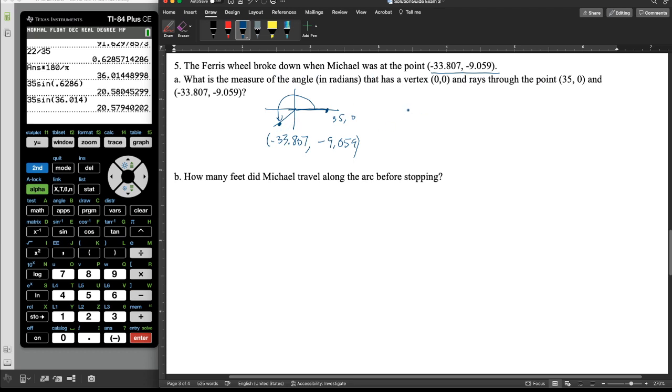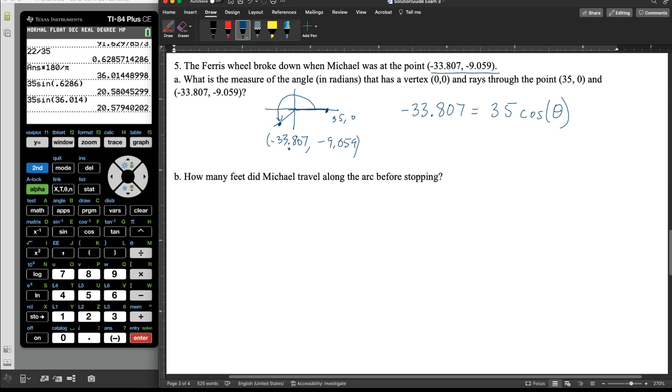So we know that this coordinate is equal to 35 times the cosine of theta. Because if we knew what theta is, 35 times cosine would tell us where we are.